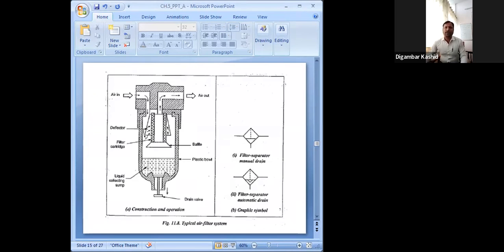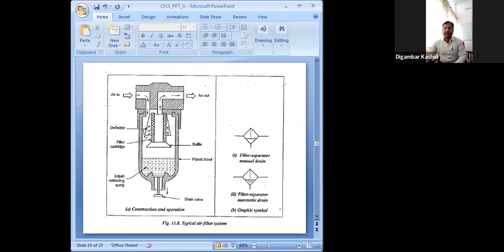And the water vapors present after this filter cartridge will get condensed inside this filter and collected at the bottom of your filter bowl. Getting it? Also the heavier foreign particles present in the air are separated from the air and collected at the bottom of the bowl.